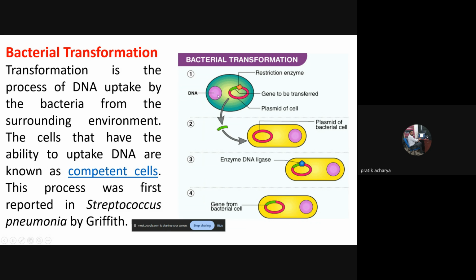That means the S strain property comes to the R strain, which was previously harmless, becomes harmful for the mice, and the mice die. That is one process of horizontal gene transfer, and it is responsible for bacterial evolution. So this is a very interesting approach of the Griffith experiment, and it explains bacterial transformation.